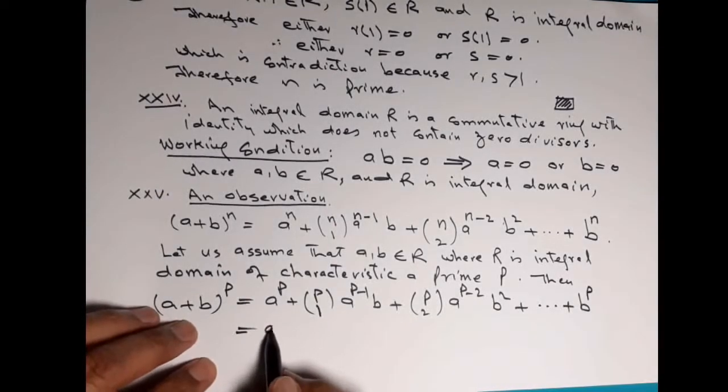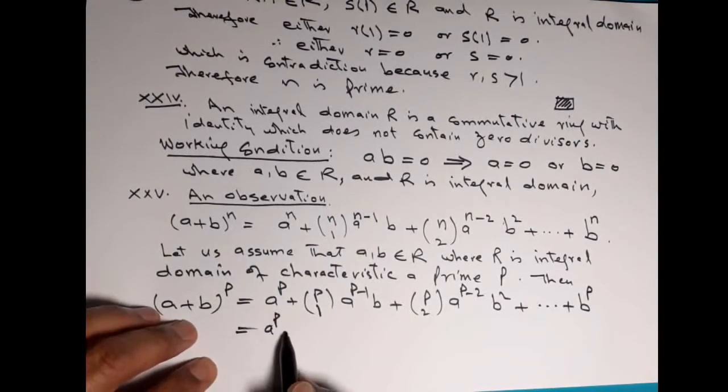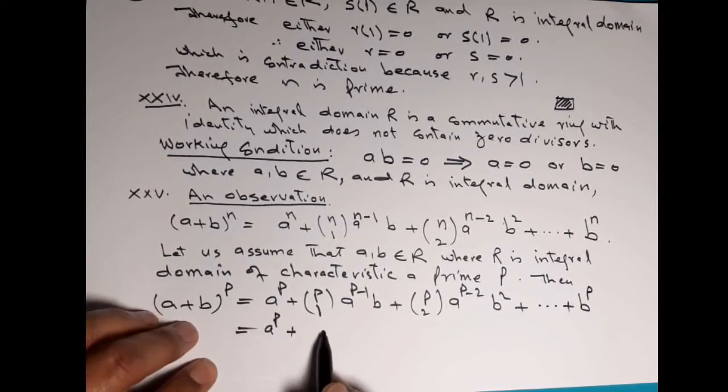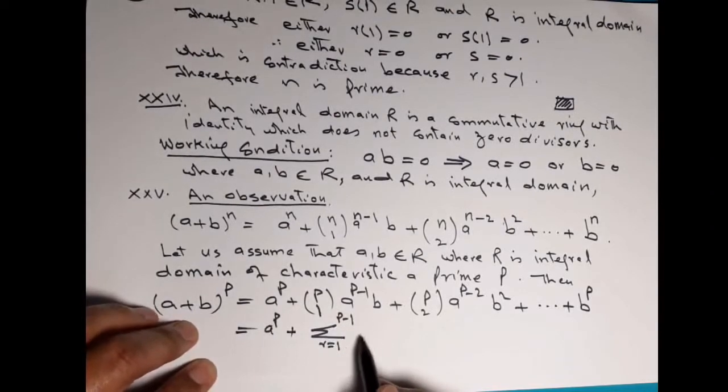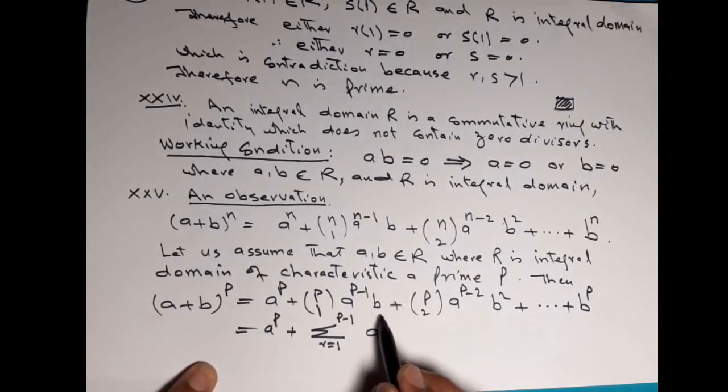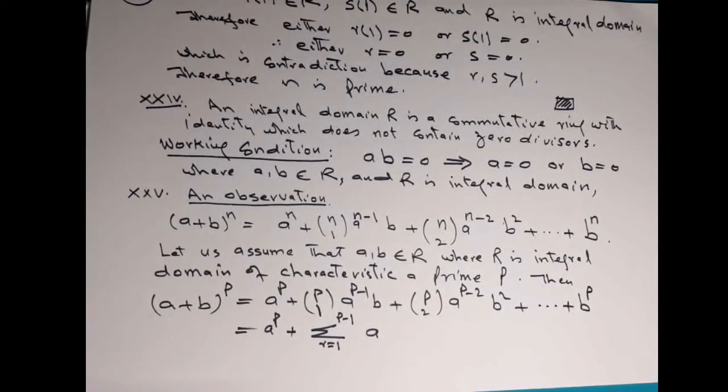This is equal to a raised to power p plus, in terms of sigma notation, sigma r varies from 1 to p minus 1, pCr a raised to power p minus r b raised to power r. At the end we will have b raised to power p.